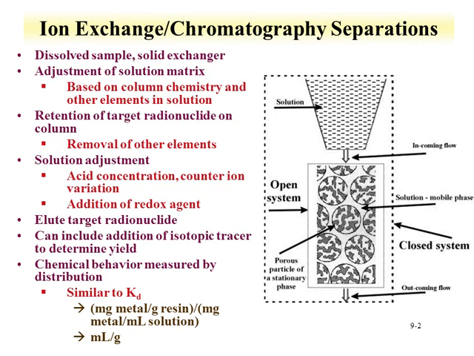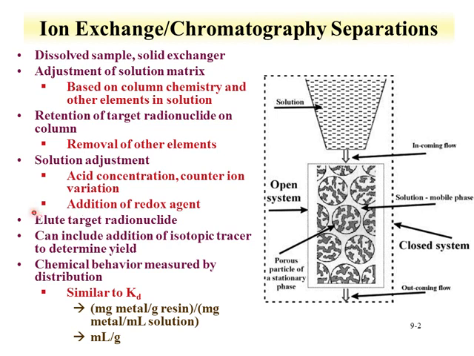With our solid ion exchange and chromatography separations, the acid concentration can be varied, and the counter ion can be varied. For instance, the nitrate ion can be varied by the addition of sodium nitrate, in addition to using nitric acid. And similar to what we discussed with solvent extraction, a redox agent can be added to change the oxidation state of your target radionuclide and change its behavior on the column.